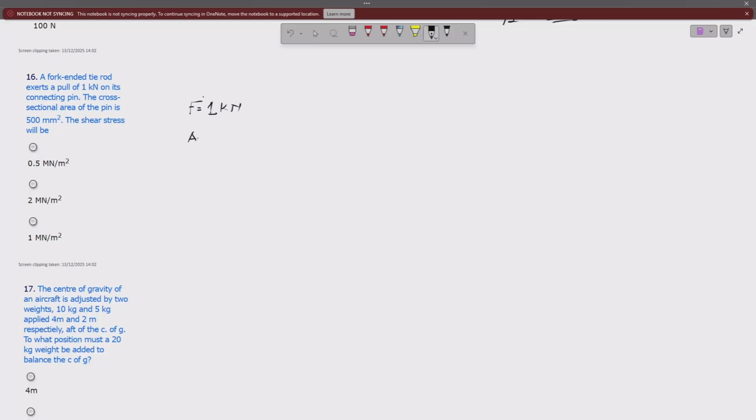The area equals 500 millimeters squared, and stress equals force over area. So you have 1000 newtons, that's 1 kilonewton, divided by 500 times 10 to the power minus 6 meter squared. We've converted 500 millimeters squared into meter squared.